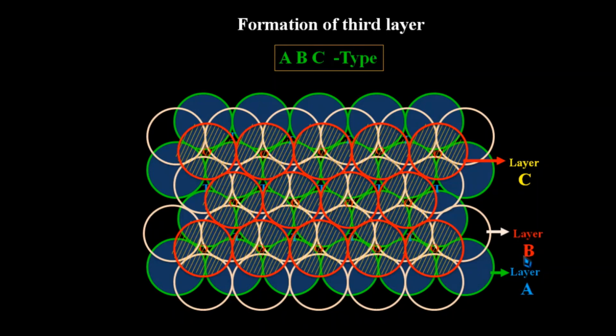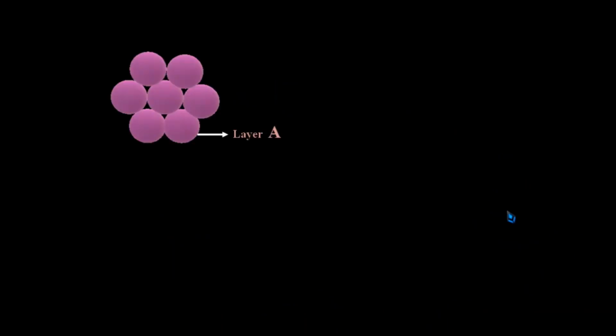In this type of arrangement, the coordination number of each sphere is 12. Here we calculate the coordination number of each sphere in the ABC type of arrangement of a crystal packing.